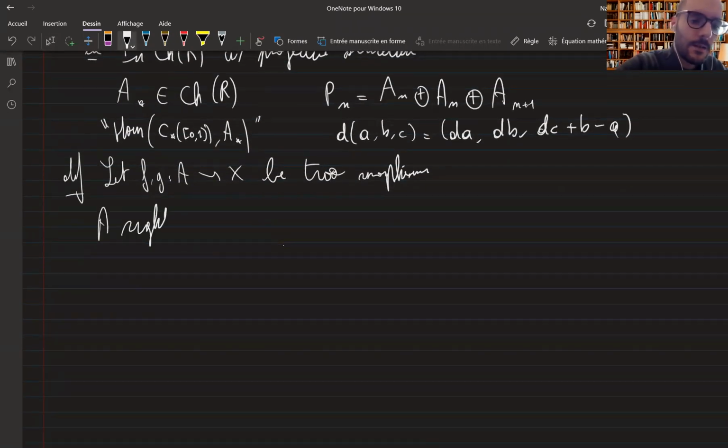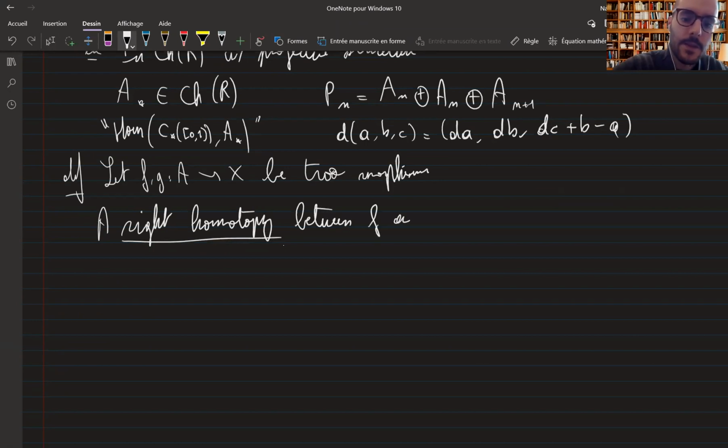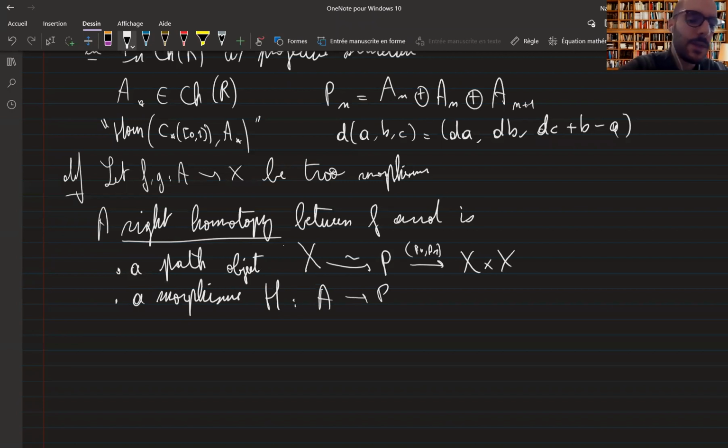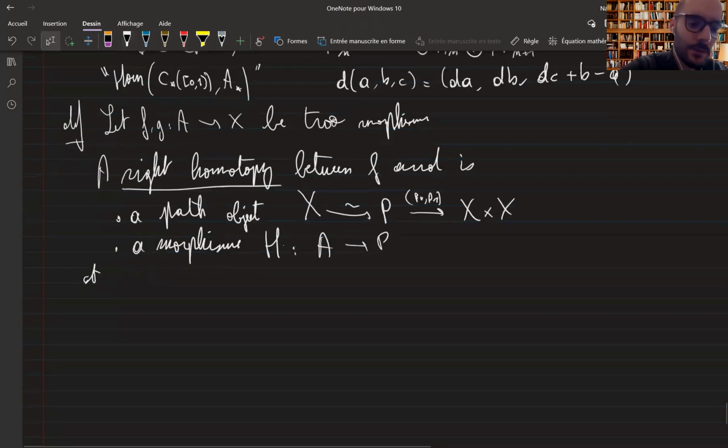A right homotopy between f and g is a path object, which is something like X goes into P and then goes back into X cross X by the projections, and a morphism, still denoted H because why not, from A to P such that the following commutes.